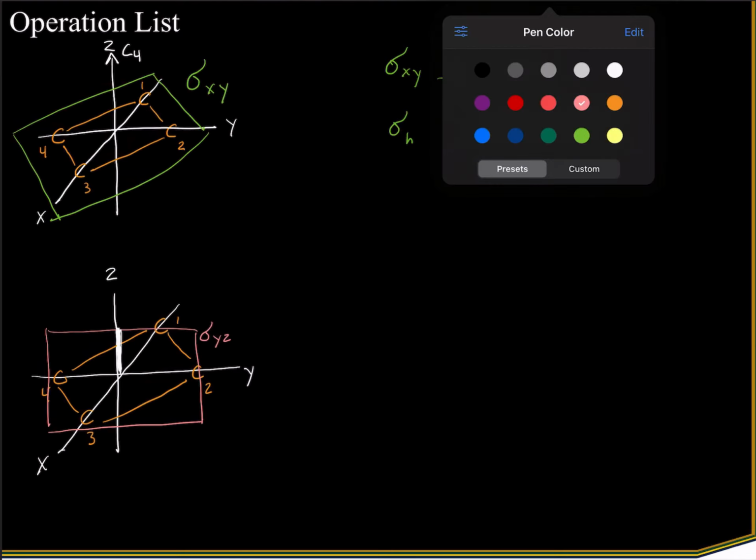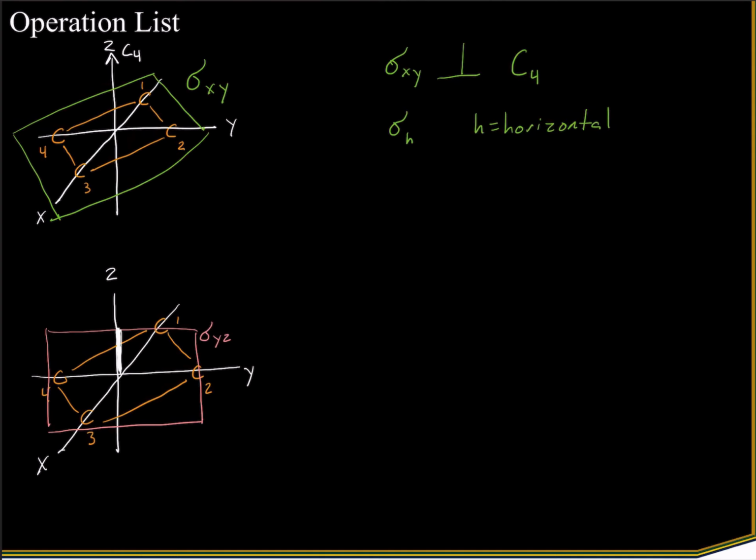The other one, let's pick another color so we can try to see these and make them distinct, is sigma xz. And we can see that just kind of like our C2 primes, these two mirror planes are kind of equivalent, meaning they lie directly along my axes.